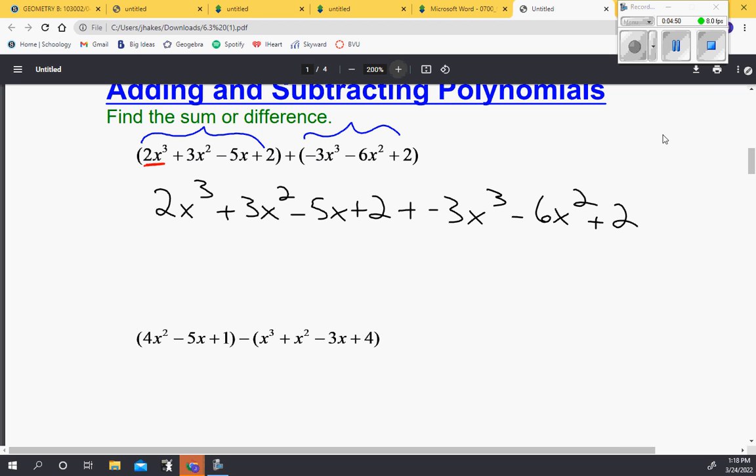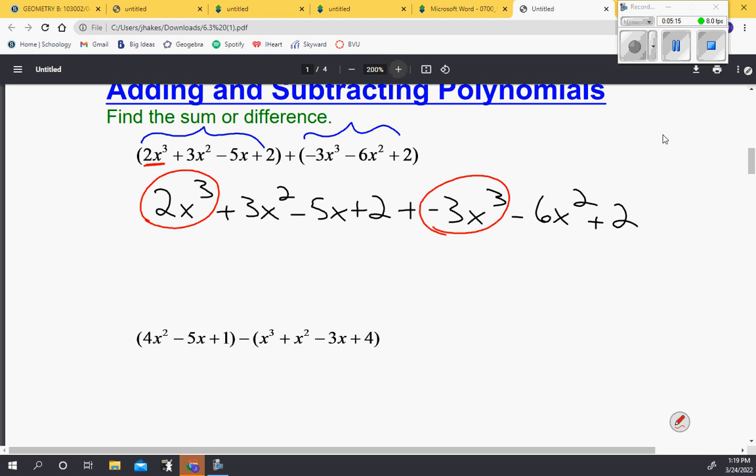Okay, now, without parentheses, we can combine like terms. So I have a 2x cubed, 2x to the third power. Do I have another x to the third power anywhere in that polynomial? I do, it's right here. So we're going to combine those. 2x to the third power and negative 3x to the third power.